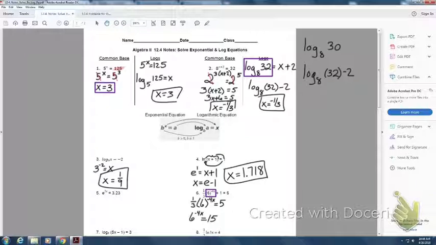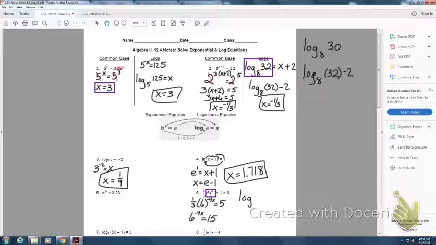Once I'm there, can I fish hook that? Yes. Paulina, whenever I fish hook that, what is it going to look like? What is the base? No, looking at this right here. 6.